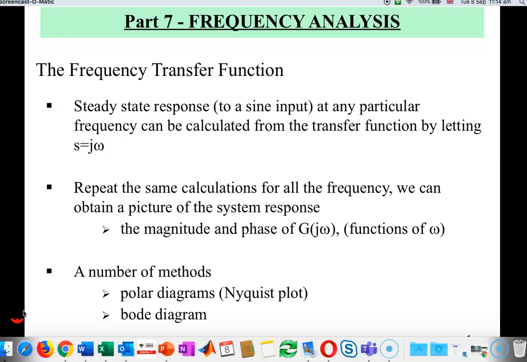One is to find the steady state response to sinusoidal input of different frequencies. The other is to construct frequency response diagrams or plots from transfer functions so that we can use them for control design. So we can look at the first issue first.